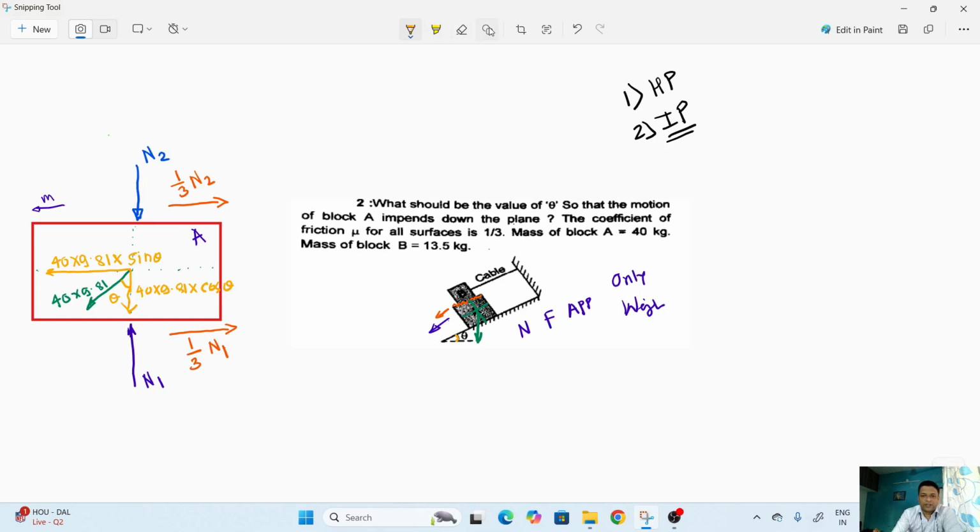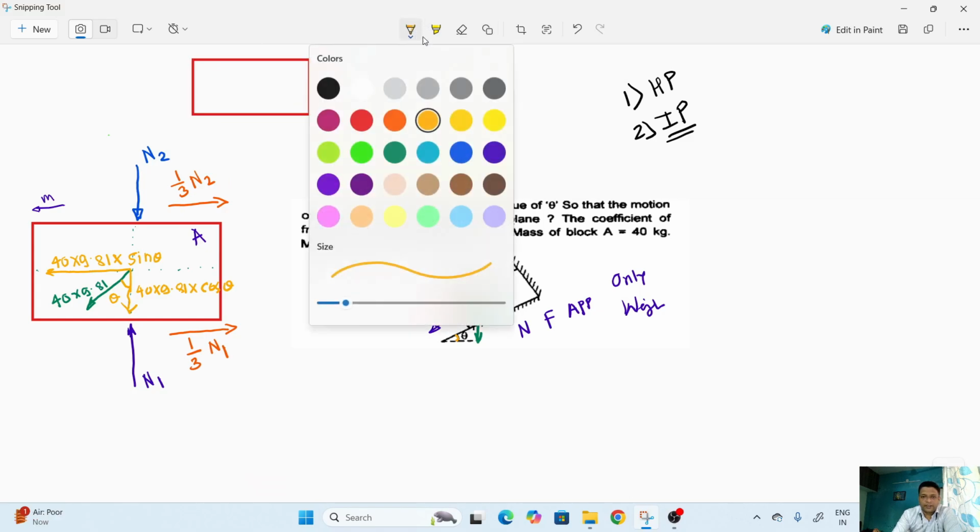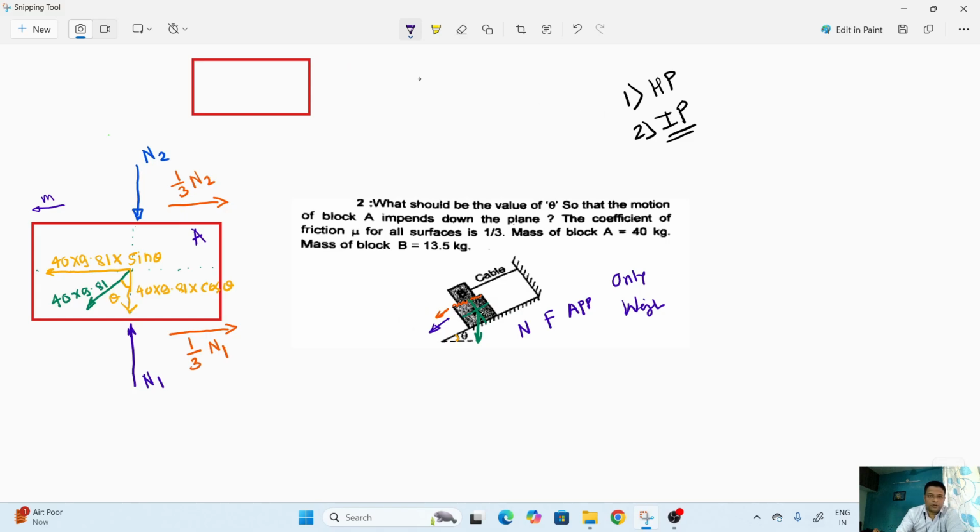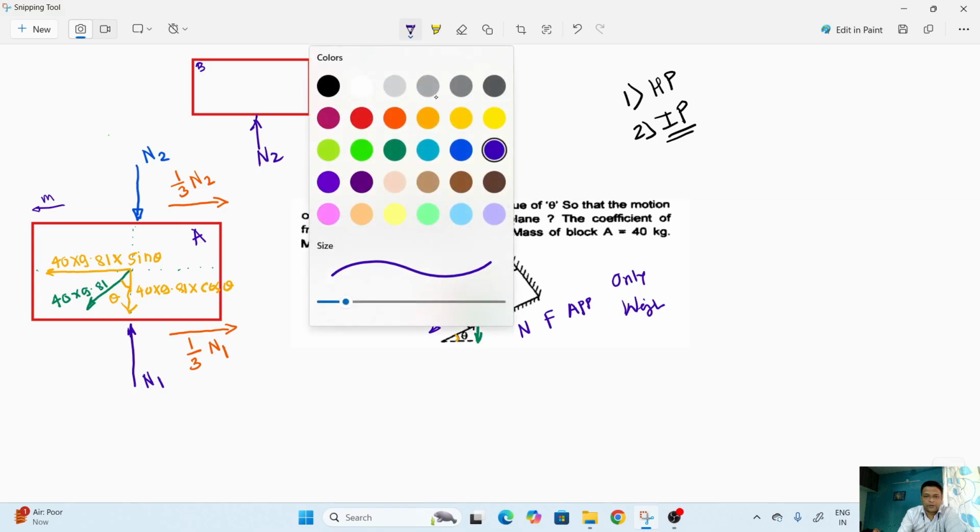Now we can concentrate on the second block B. We'll draw it here. This is our second block, which is block B. Same way, just like this, here we'll have the normal reaction N2. This is exactly opposite to the other one, and the friction force will be exactly opposite to that also.